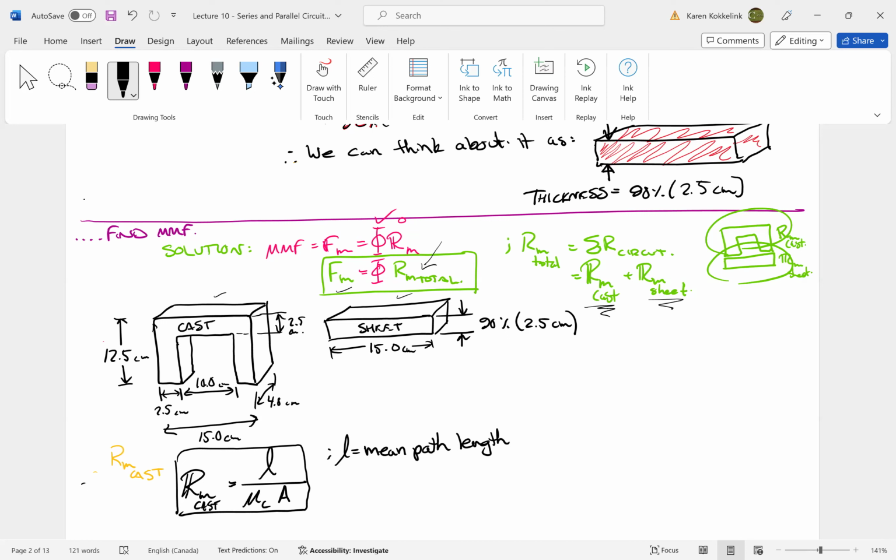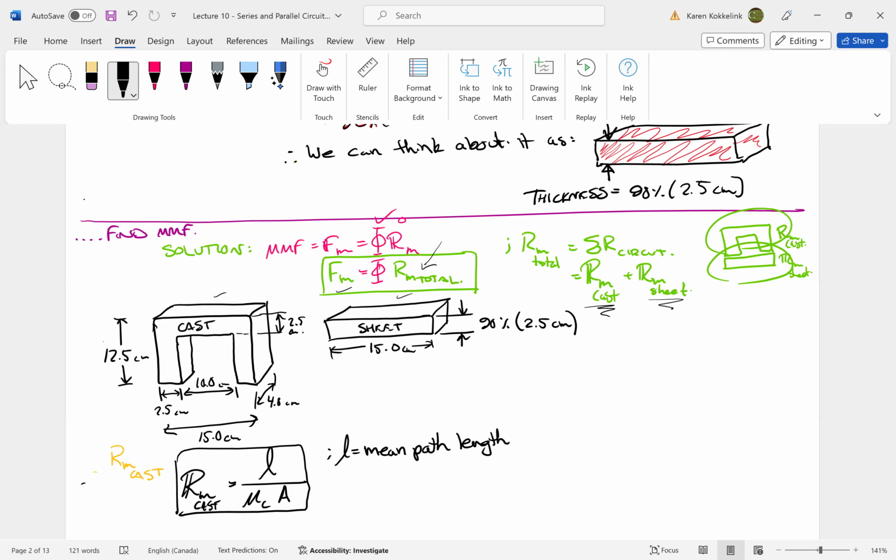Mu is the permeability of the cast, which we'll talk about later. And A is the cross-sectional area, which we should know here.